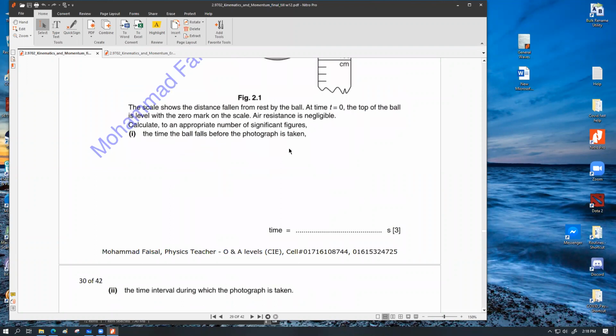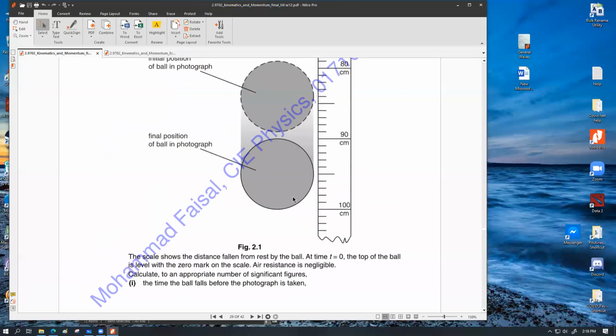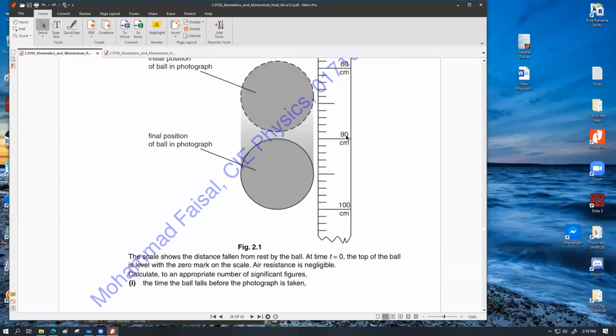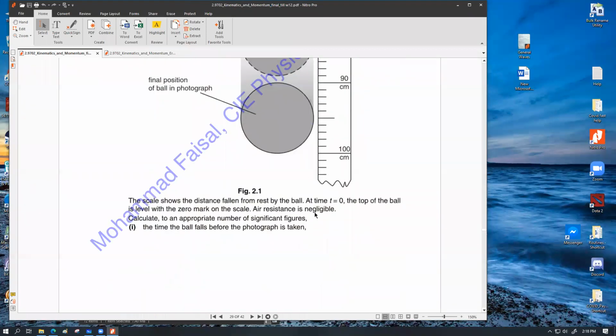It says that at time t equals 0, the top of the ball is level with the 0 mark on the scale. Which edge of the ball was level with the 0? Top of the ball. Which means for any further point of distance measurement using the ruler, you have to take reference for the upper end of the ball. So this one or this one. You cannot take center to center. That would be wrong as per the question specification.